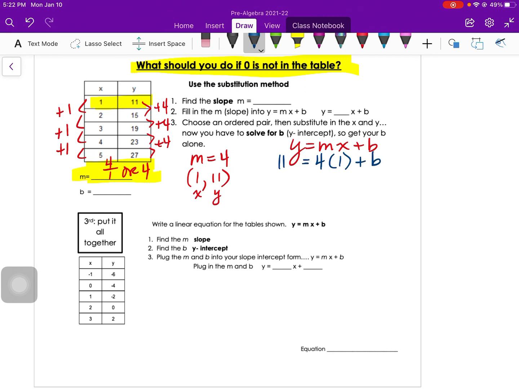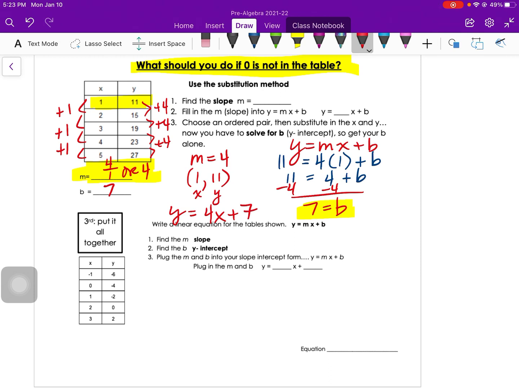So you plug 4 in place of m, 1 in place of x, and then 11 in place of y. And then you just use your equation work to solve for b. So I'm going to start by multiplying 4 by 1, which is just 4. And then using an inverse operation, since I'm adding 4, I would subtract 4 from both sides. And so I can now see that 7 is the value of b. And then using those two values, I can now write the equation of my line. So y equals 4x plus 7.